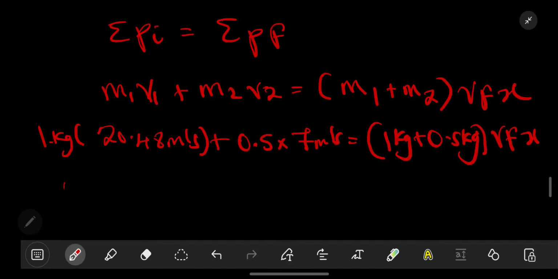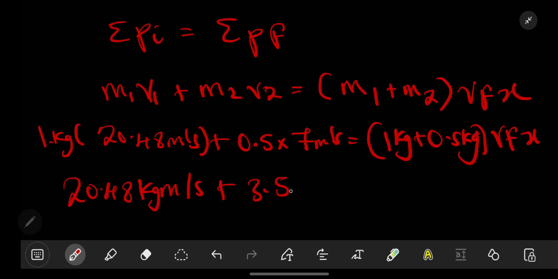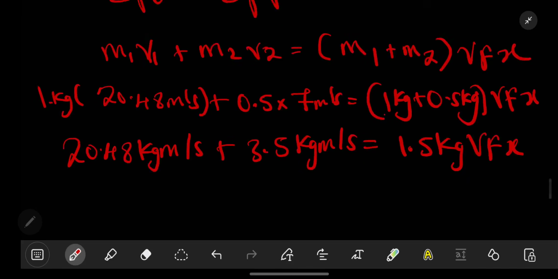So 1 times this is 20.48 kg meters per second plus 0.5 times 7, which gives 3.5 kg meters per second, equal to 1 plus 0.5, which is 1.5 kg, times v final in the x.